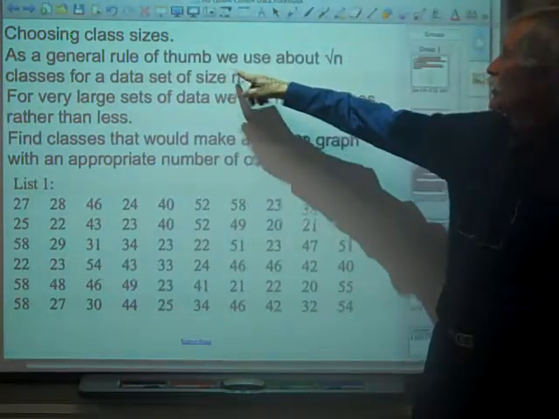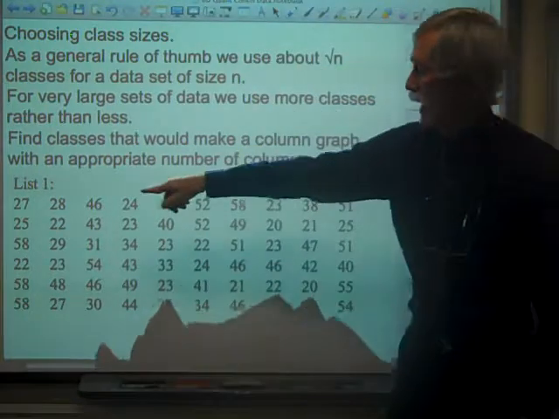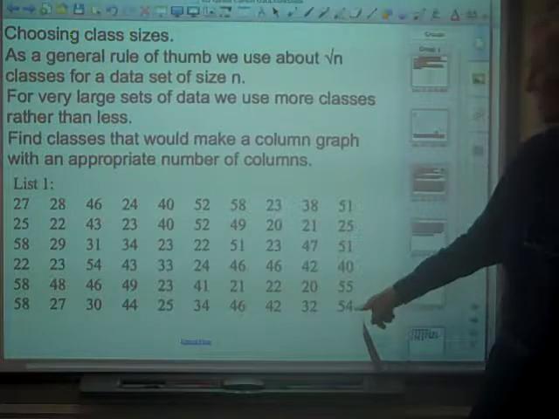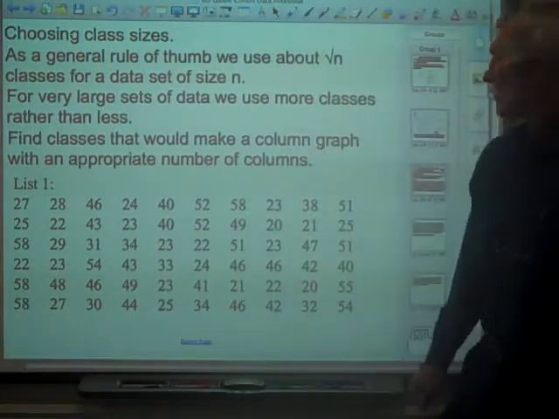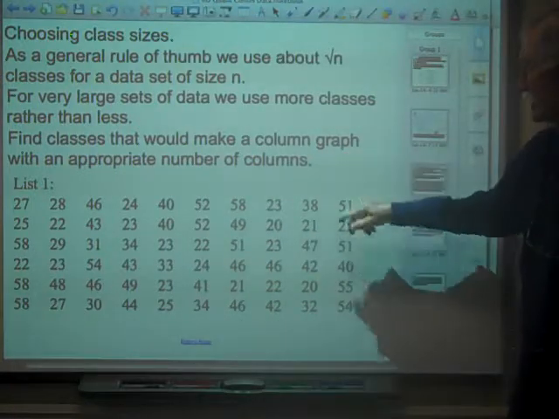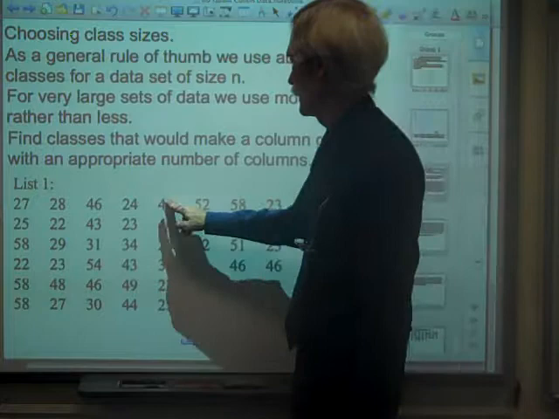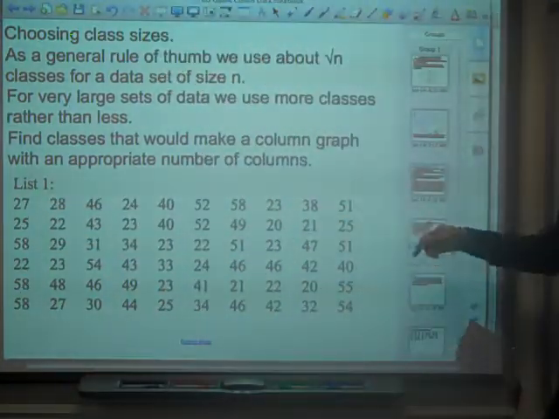A general rule of thumb is that you take how many numbers there are in your sample and find the square root of that. This has 1, 2, 3, 4, 5, 6, and 10 by 6, 60.